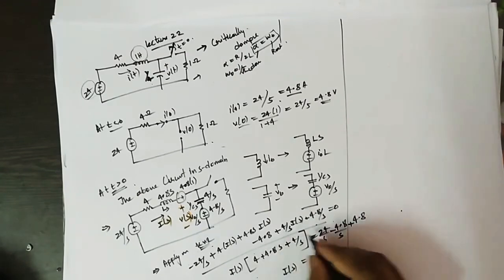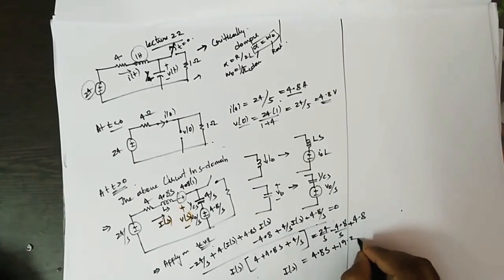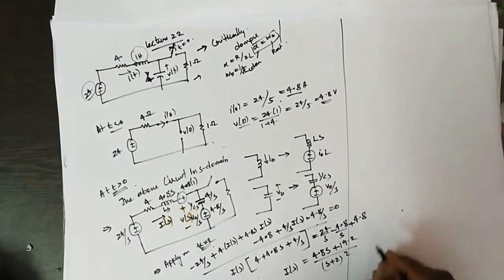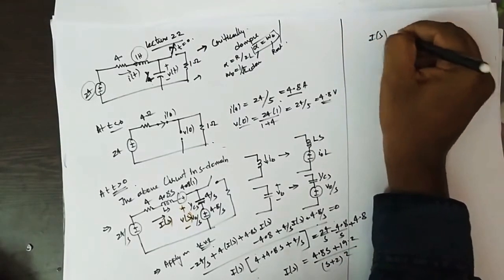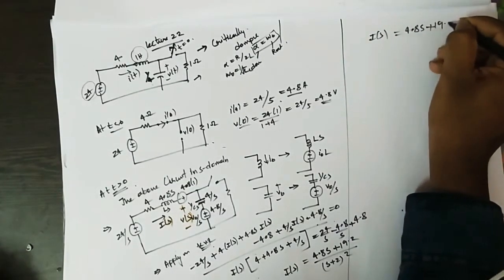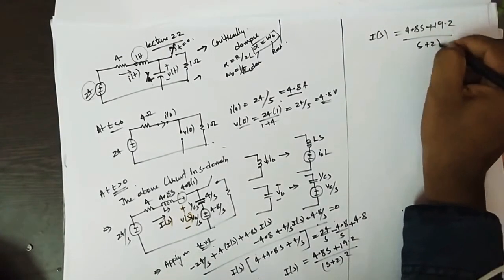Rearranging all these terms, I of s equals 4.8 s plus 19.2 by s plus 2 whole square.